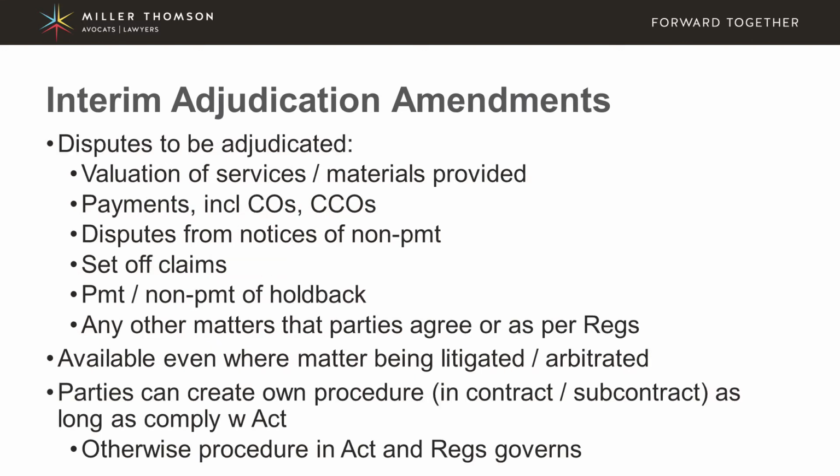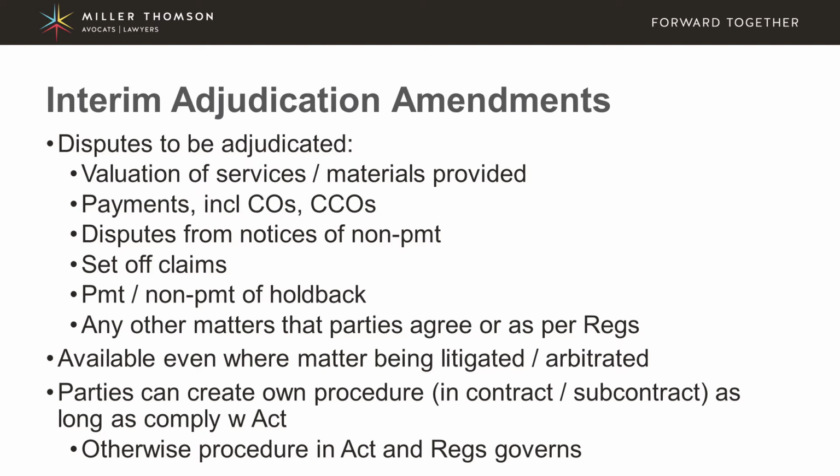Now, the types of disputes that will go to adjudication relate to valuation of services or materials provided, payments, including COs or CCOs, which stands for change orders or contemplated change orders. So if a general contractor is seeking extras on a project and the owner disputes that, this could go to adjudication.